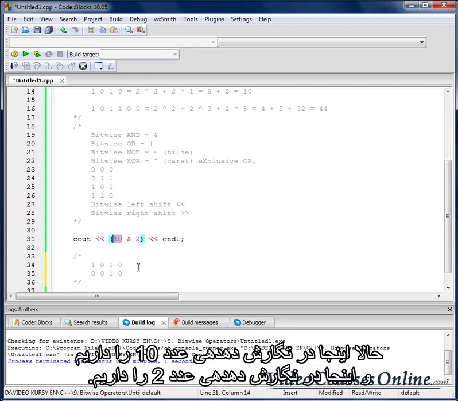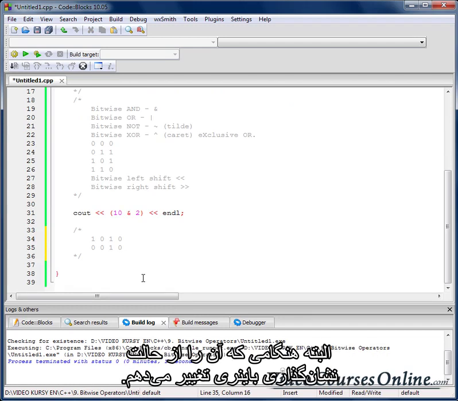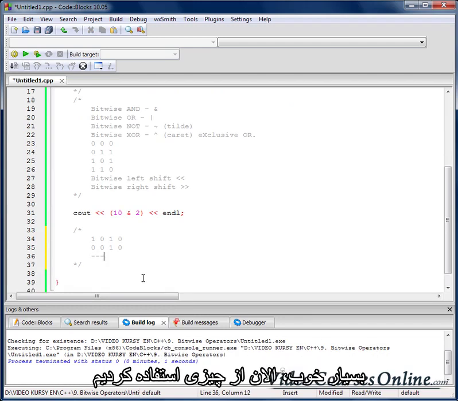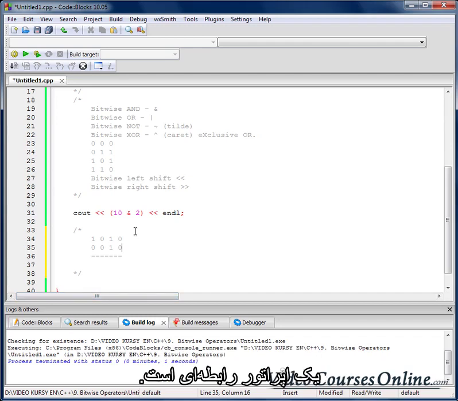And now we have here 10 in decimal, and here 2 in decimal notation, when I change it from binary notation, of course. Okay, and now we have just used what is called the AND operator. The bitwise AND operator works like a relational operator, as I said.